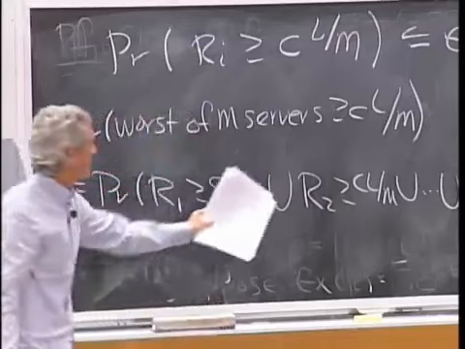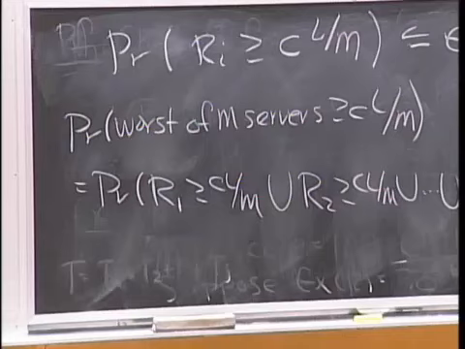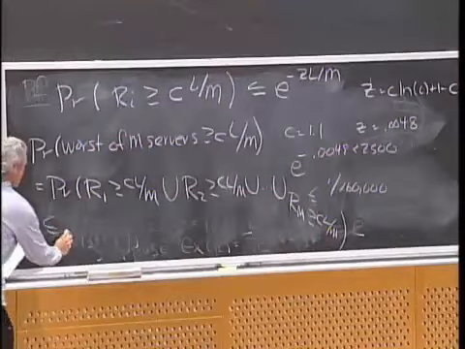What do I do to get that probability? The probability of a union of events, upper bounded? Upper bounded by the sum of the individual guys.